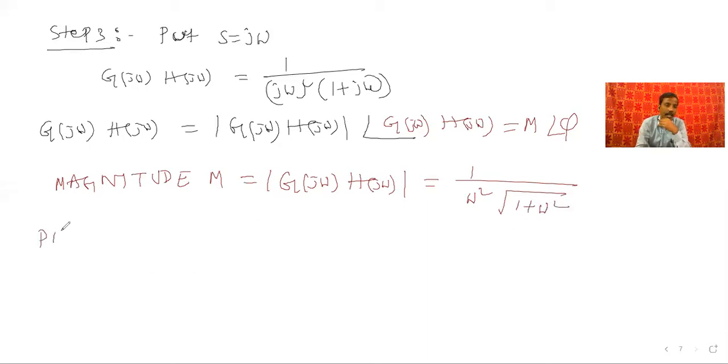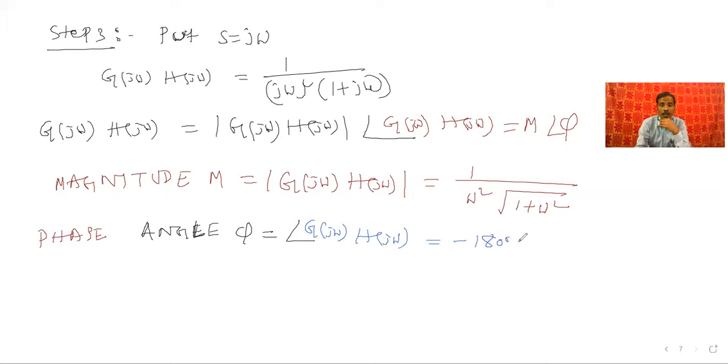Similarly, phase angle phi equals to angle of G(j omega)H(j omega) equals to minus 180 degree minus tan inverse B by A, because in this case 1 by S square is 1 by j omega into 1 by j omega, minus 90 degree minus 90 degree.